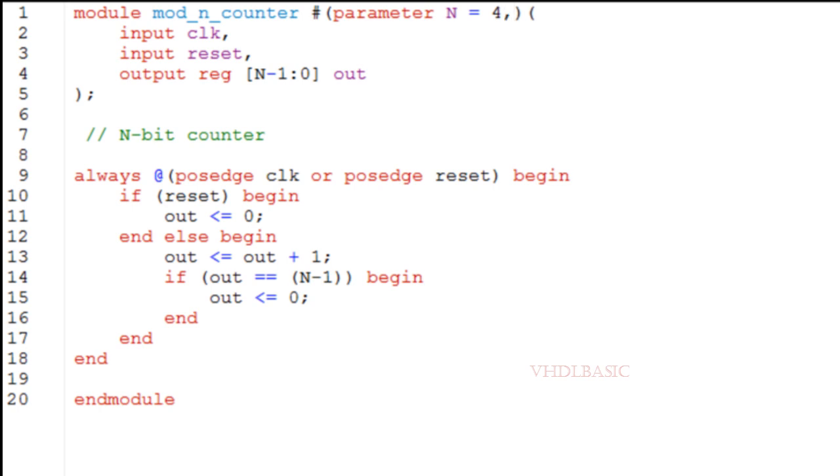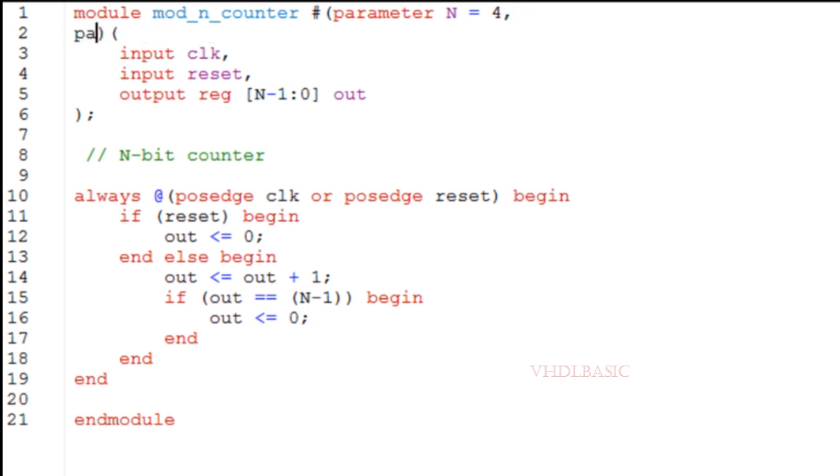Also, the number of bits required to count the value will be less than the number of counts. For example, if you take this example itself, we are counting 0 to 3, so we require only 2 bits.